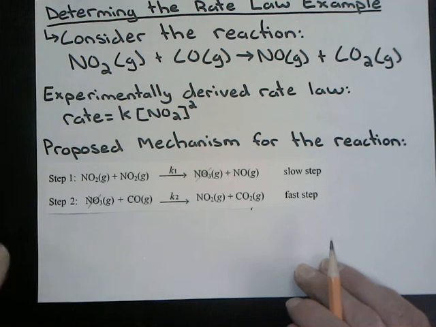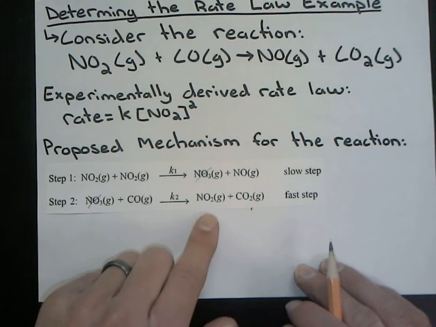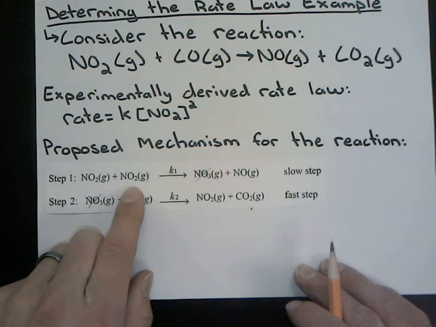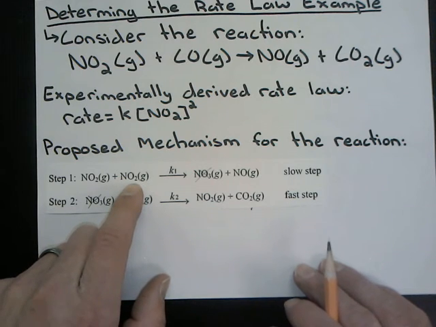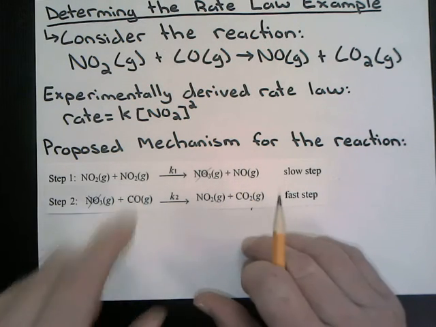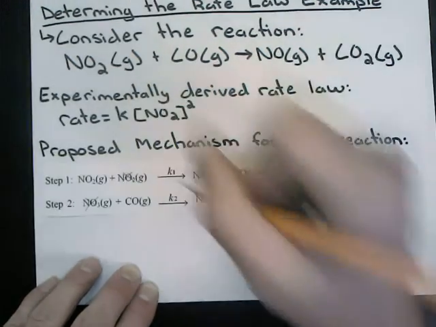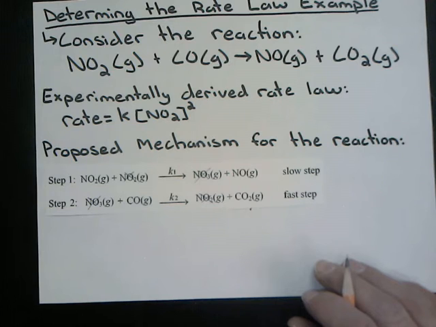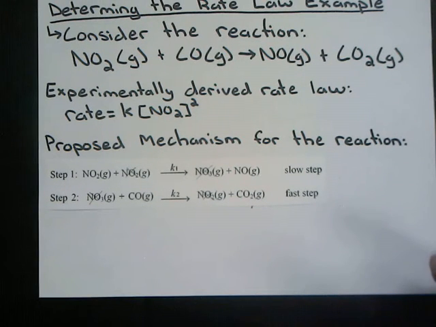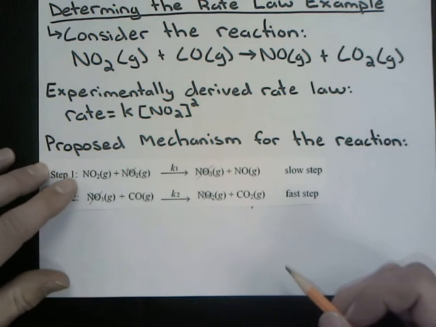Then I look for anything else. Well, I also find NO2. NO2 is on the reactant side of the top equation and on the product side of the bottom equation, so just one of those NO2s can cancel out. I look for anything else that can cancel out, and the answer is no. So all I'm going to do is add these two reactions together.